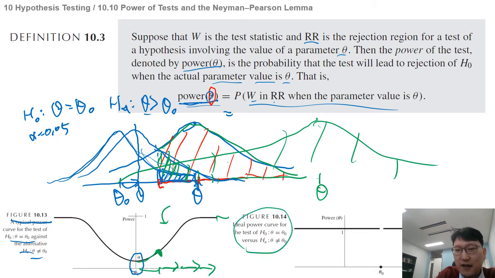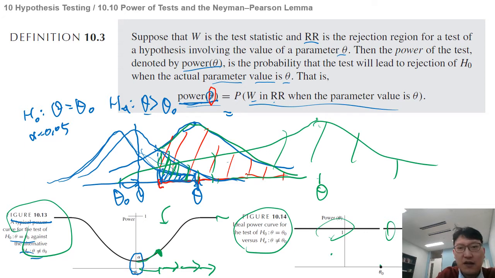The ideal power would be like this: if theta is theta 0, then the power is 0, but in other cases, if theta is not equal to theta 0, then we want to detect it, so the power is 1. So this would be the ideal case. However, what we observe in the usual case is the situation in figure 10.13.